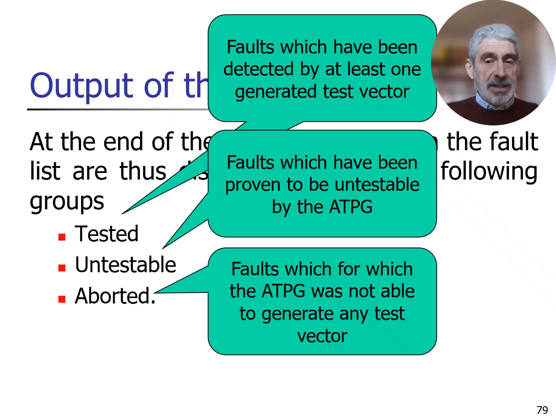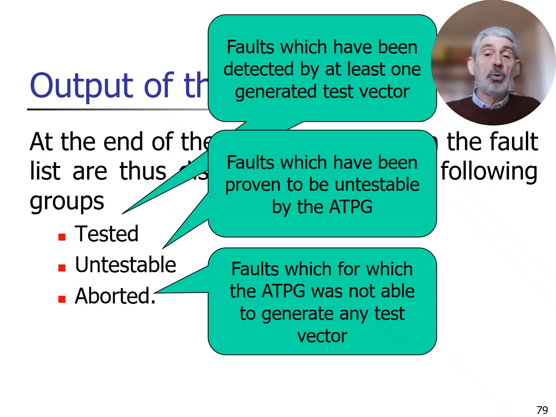Unfortunately, there is a third category, which is the one of aborted faults. So faults for which the ATPG is neither able to generate a test vector nor to prove that the fault is untestable. The ATPG algorithms are typically based on a backtrack procedure, and in some worst cases, this backtrack procedure may run for very long periods.